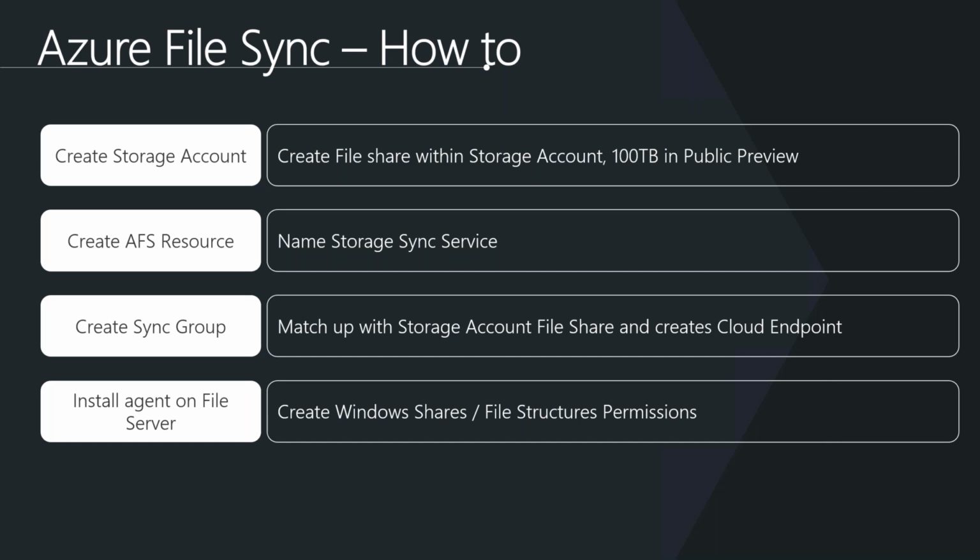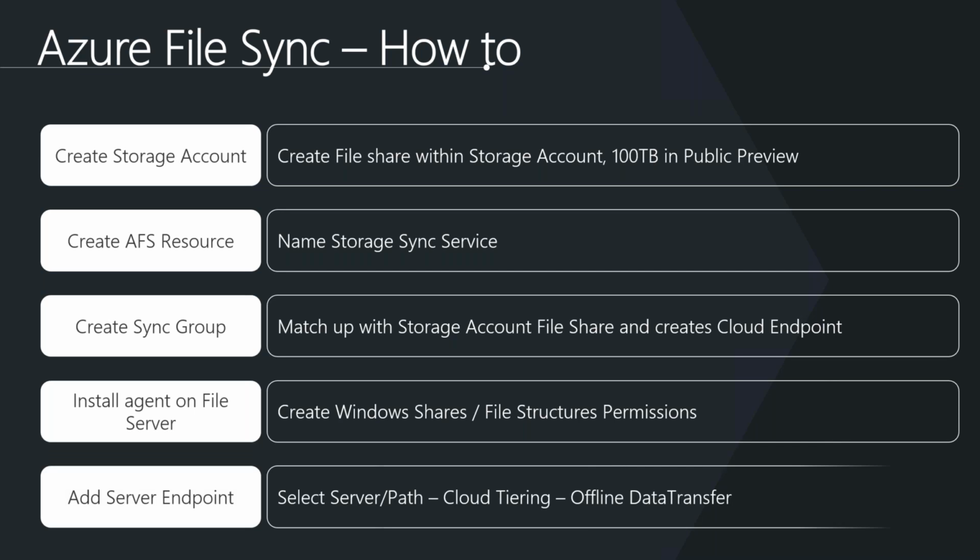So the next step is to install the agent on your on-premise Windows file server. If on-premise you haven't already got any shares, let's say it's a brand new file server, you would create some file structure perhaps. So I would perhaps create a D share one folder as a basis.